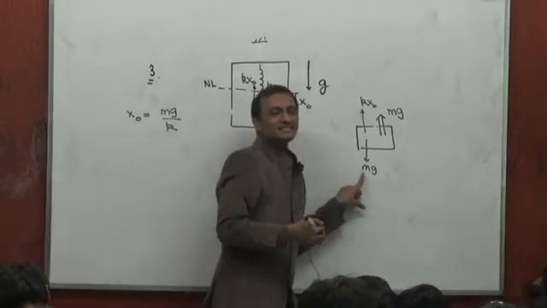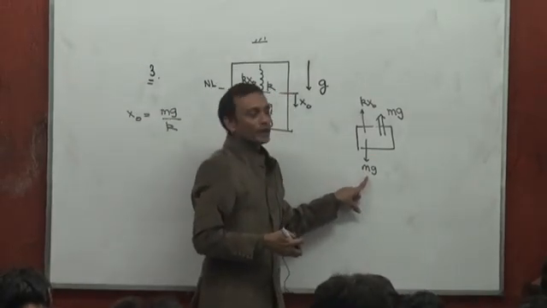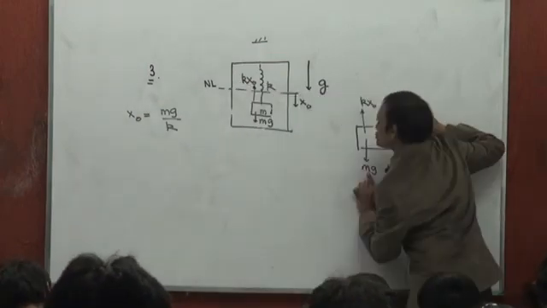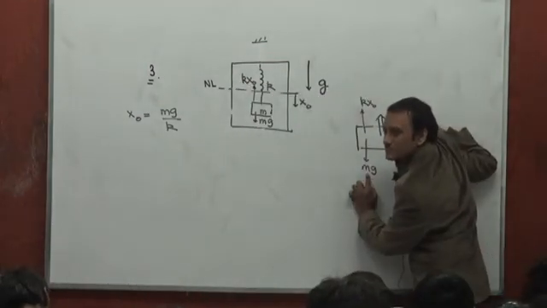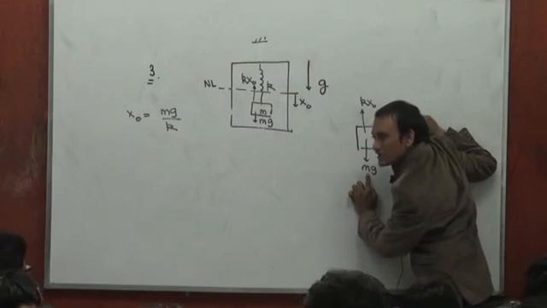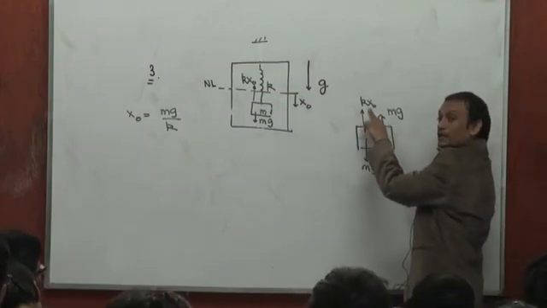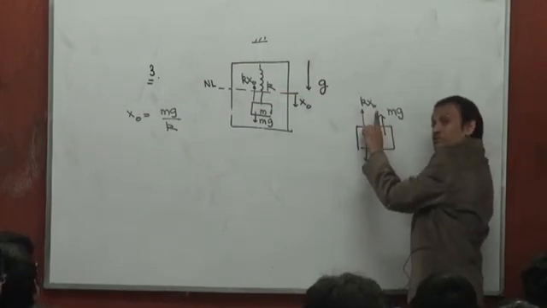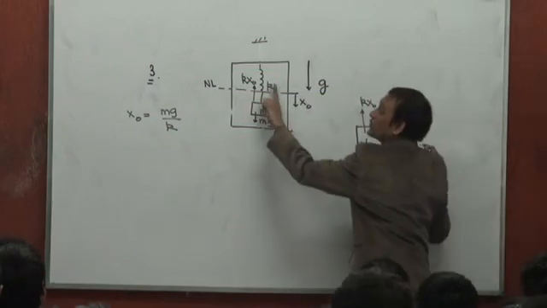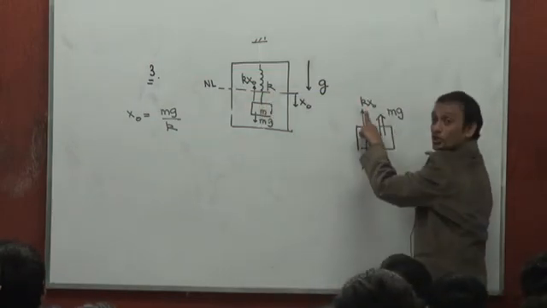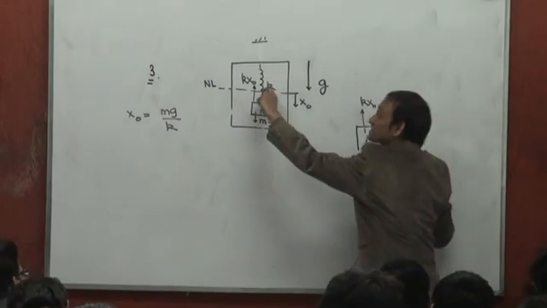Kx naught was balancing mg. So now this mg balanced this mg. So there was an unbalanced restoring force directed towards the equilibrium position, proportional to this displacement.